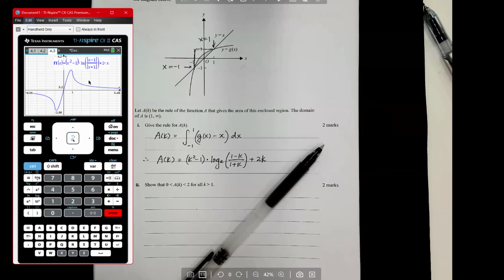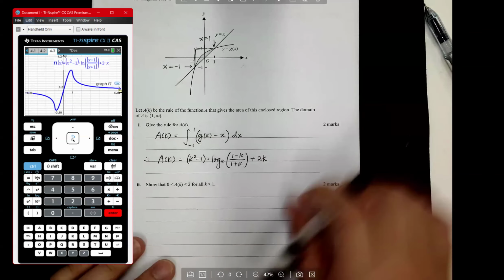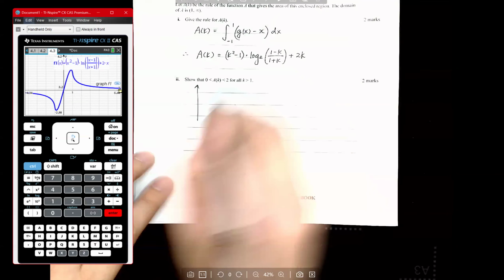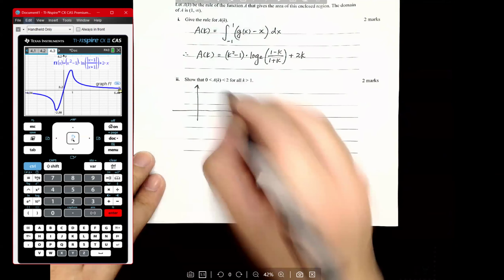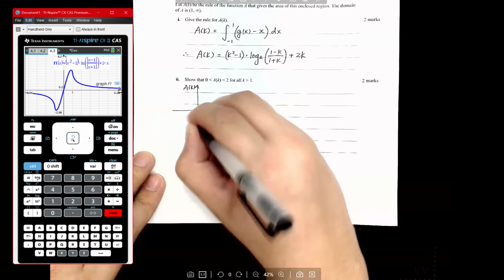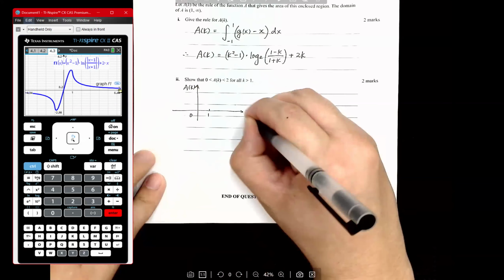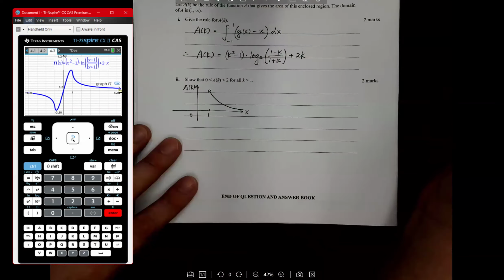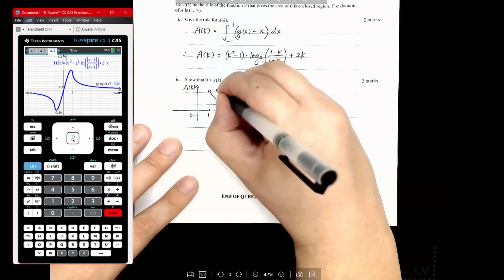And therefore, you could say, okay, it goes from here to here. So one possibility I would answer this question is, okay, let's say, this is A of k, this is 0, this is 1, this is k. So I sort of get something like that, okay, something like that. And this is 1, 2.